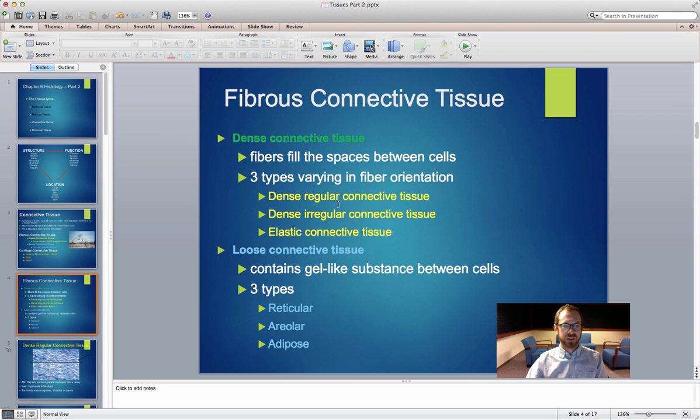So we have dense regular, dense irregular, and elastic connective tissue. This differs from loose connective tissue in that you're going to have more open space between cells, hence the name loose connective tissue. Those spaces in between the cells are filled with a gel-like substance and other structural proteins.